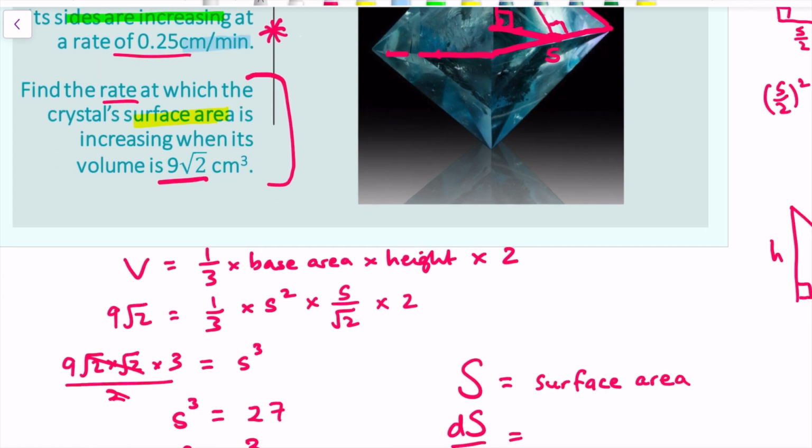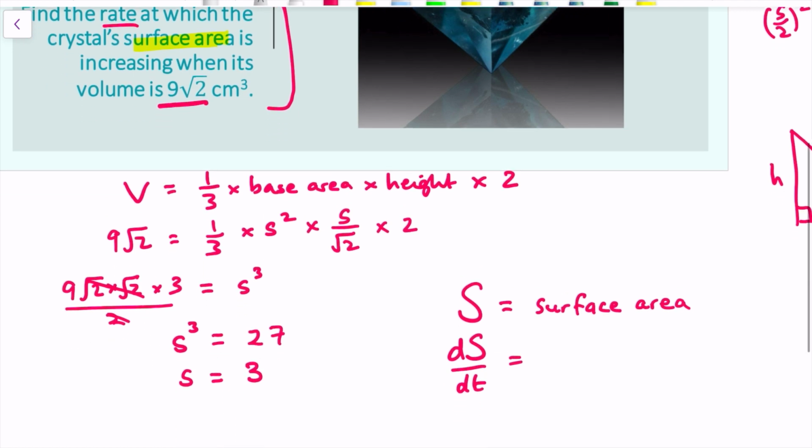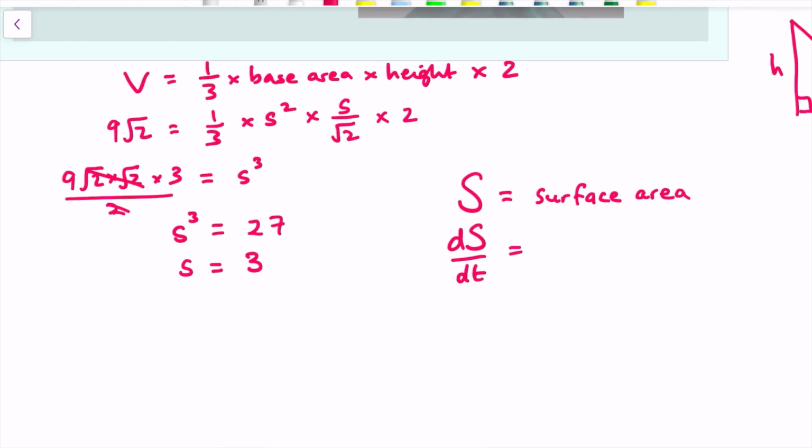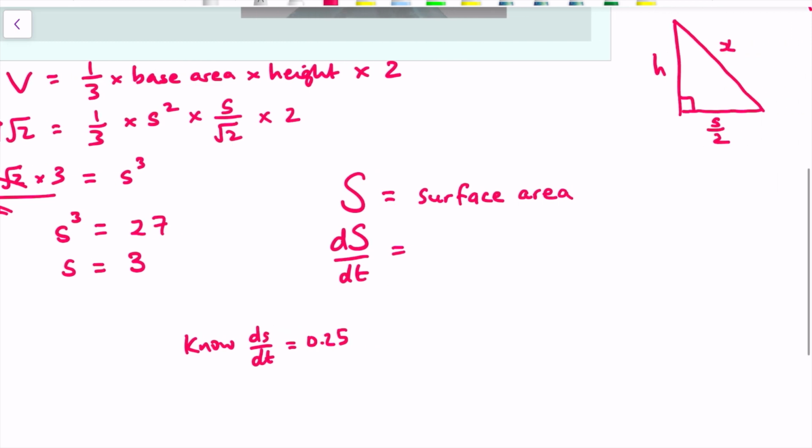So any variables need to be in centimeters and minutes. Sometimes they mix up the units to trip you up. So we know that ds/dt is equal to 0.25. Okay, so we want this rate of change of the surface area, and what we're going to do is multiply dS/ds, capital S, little s, with ds/dt.